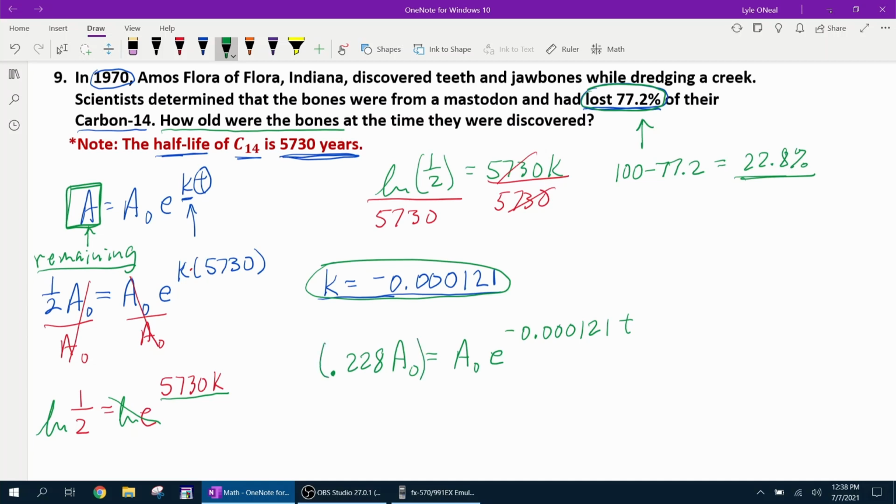That if you multiply the initial amount by 0.228, you will get the amount of carbon-14 that was remaining. And so at this point we would divide both sides by A0, which is going to give us 0.228 equals e to the negative 0.000121t, and then we can take the natural log of both sides.